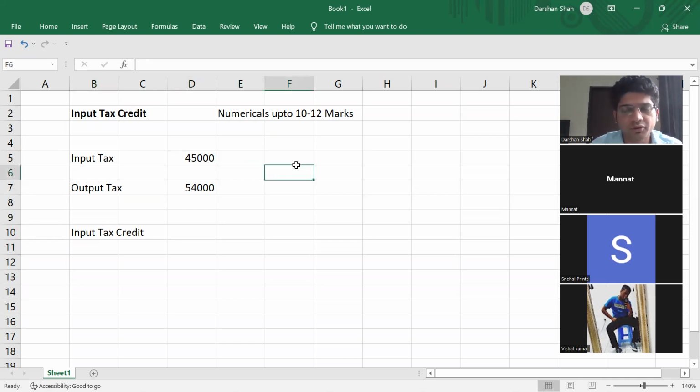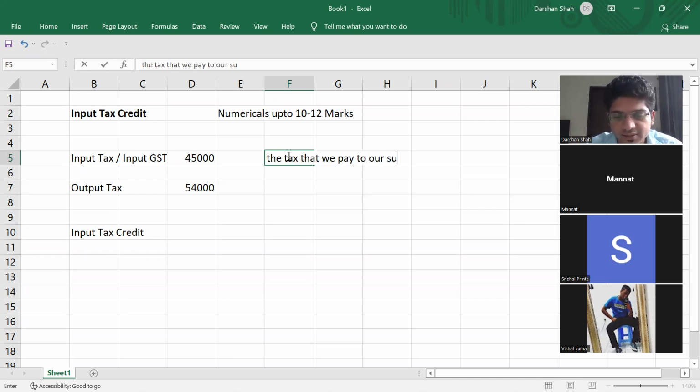So tell me, what is the concept of input tax? What is input tax, also known as input GST? The tax that we pay to purchase goods. Correct. The GST that we pay to our suppliers is my input tax or input GST.